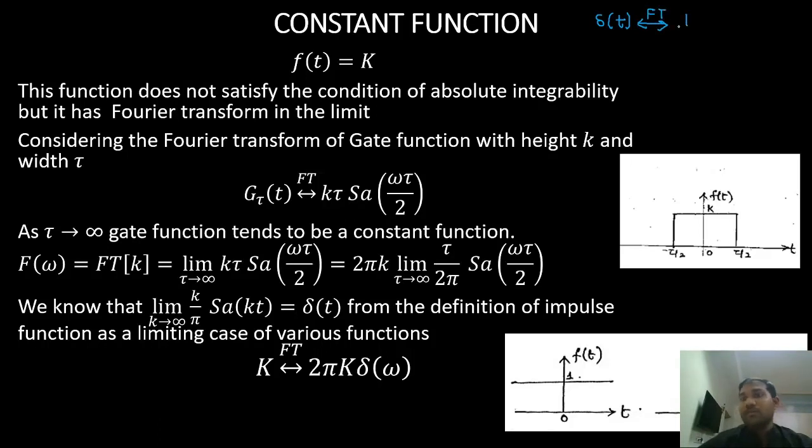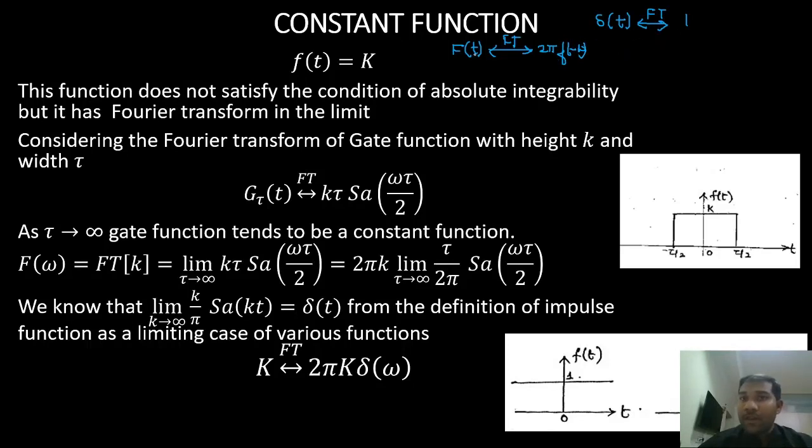1, right? Now, using the duality property, what does the duality property state? According to the duality property, capital F of t has the Fourier transform 2 pi f of minus omega.